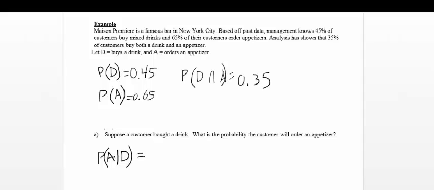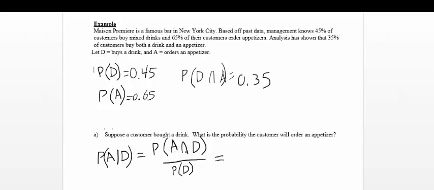So we're finding the probability the customer orders an appetizer given that they've already bought a drink. Translating this into that formula, this is equal to the joint probability of A and D, divided by the given probability, the probability of D. This is simple now. Since I have already organized all the info and I have the probability statement, this becomes a very simple calculation.